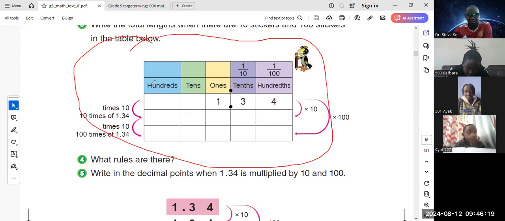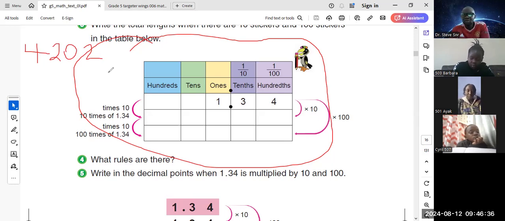Now, let's take, for example, let me write this number here, 4,202. What is the place value of 4 in that digit, Barbara?